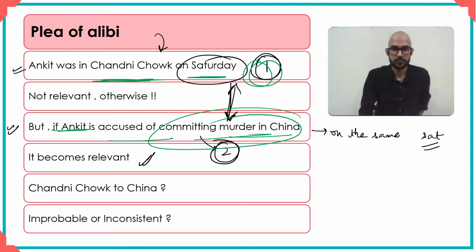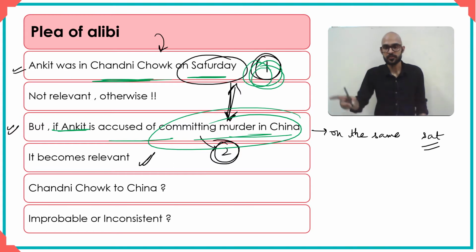So fact number one, Ankit is in Chandni Chowk. Fact number two, Ankit is in China on the same day. Is this a case of inconsistency, which means one fact is inconsistent with the other, or is it a case of improbability, that one thing is improbable when you look at the other thing? Take a moment and think about it.